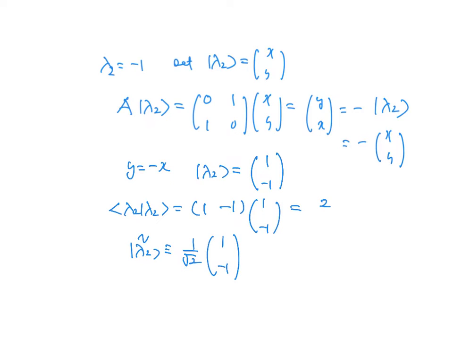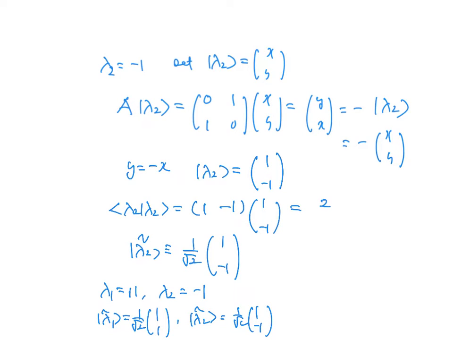So we have lambda 1 equal to plus 1, lambda 2 equal to minus 1, and normalized eigenvectors (1, 1) and (1, -1), and we need to check that they are orthonormal.